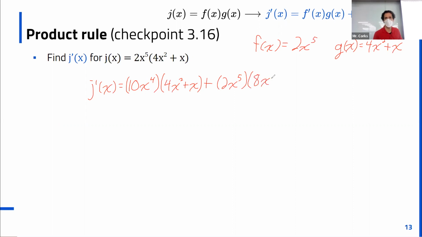Okay, 8x, right? Plus 1, okay, good. So the little exponent 1 here turns into this coefficient.